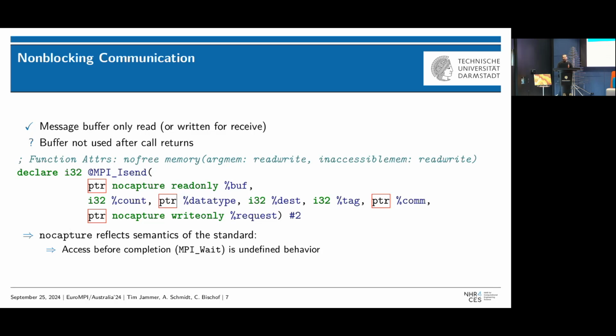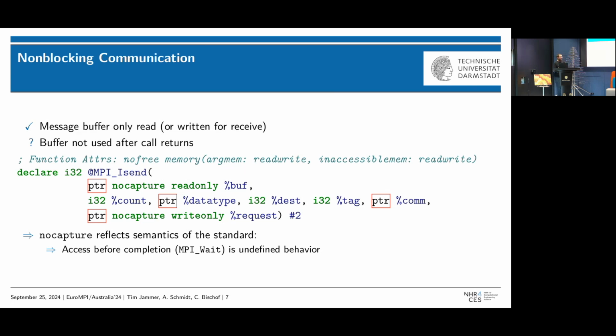But we can tell the compiler, okay, you can treat the operation as having been completed because it will be completed before any other access to the memory anyway. And so here we can annotate additional arguments to the MPI function that the compiler all by itself would not be able to deduce if it just looks at the source code of the MPI implementation itself.